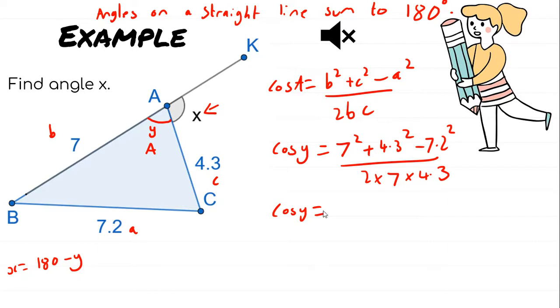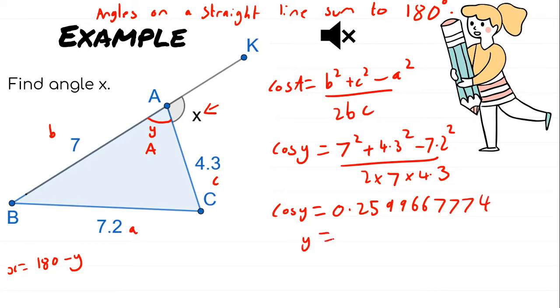Again, I'd encourage you to have a go at this. 7 squared. Yeah, so I'm just going to quickly type this in. Okay, so that's going to give you 0.2599667774.